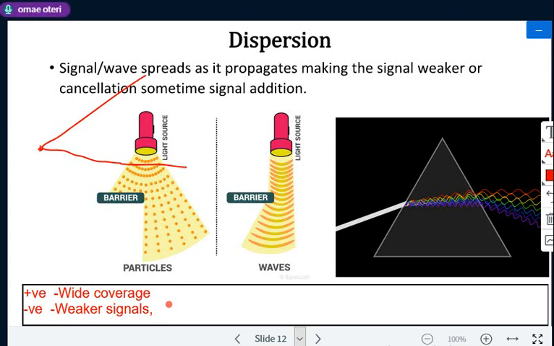So wastage of frequency due to spreading or dispersed signal. Can we say signal loss due to cancellation? Can we say that this can interfere? It can cause interference. So we have interference. Why?